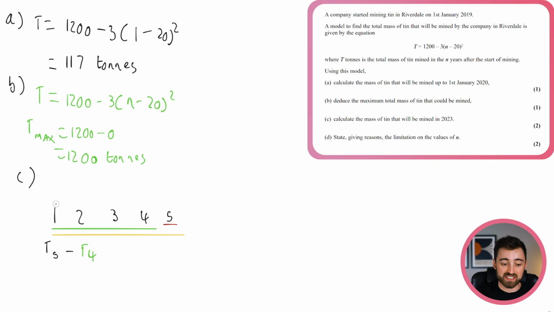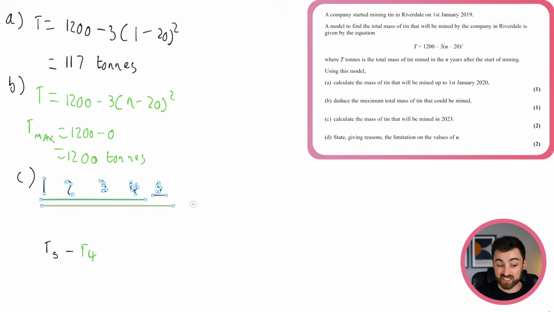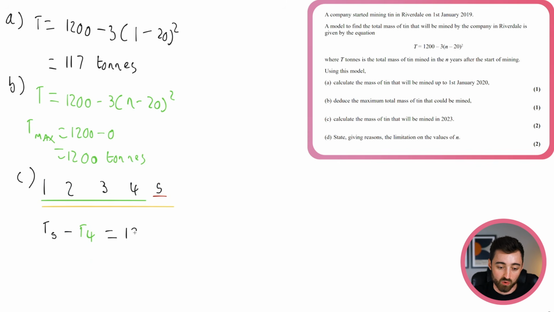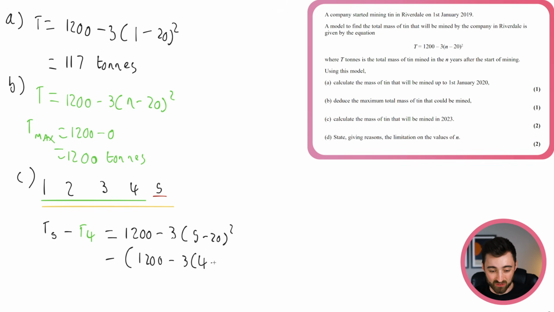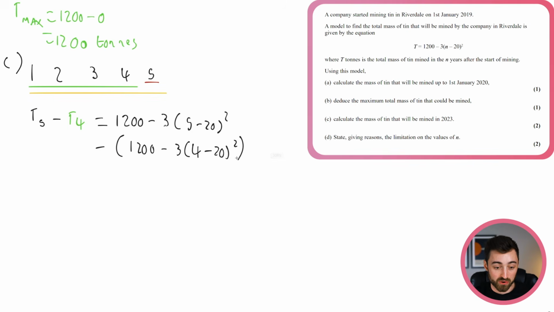At this point, that's the kind of tough bit of understanding there. At this point, it's just sticking numbers in, isn't it? So it's just going to be 1200 minus 3 times (5 minus 20) squared. That's T5. Minus 1200 minus 3 times (4 minus 20) squared. Before I go into my calculator, I can clean things up slightly. I'm going to get a 1200 minus 1200, so they're going to go.